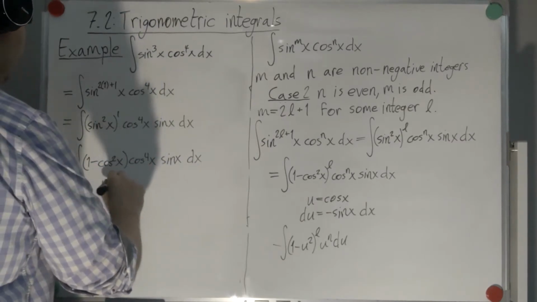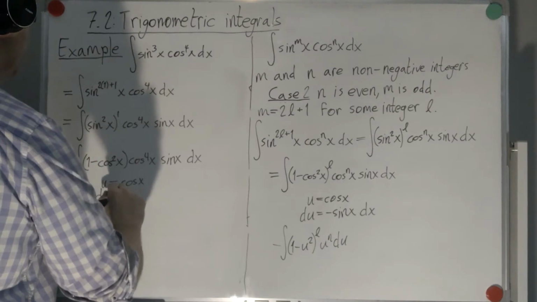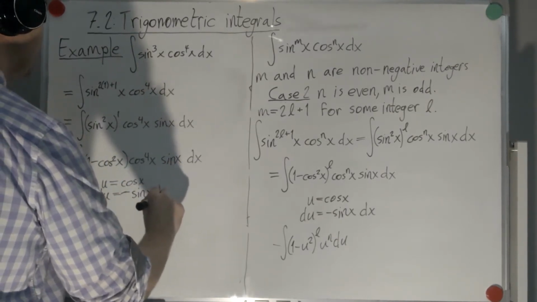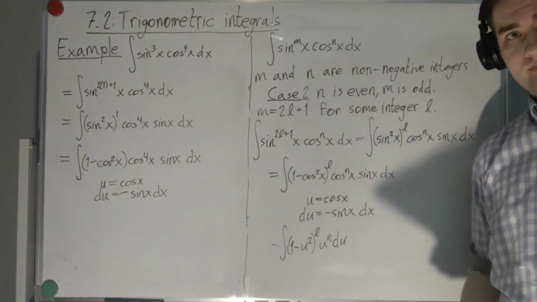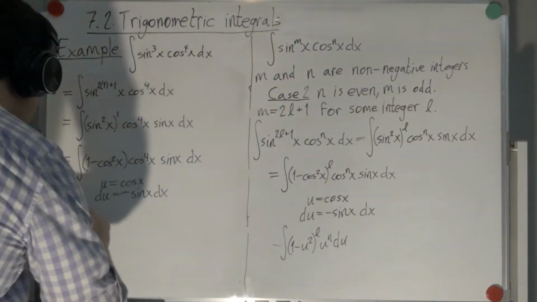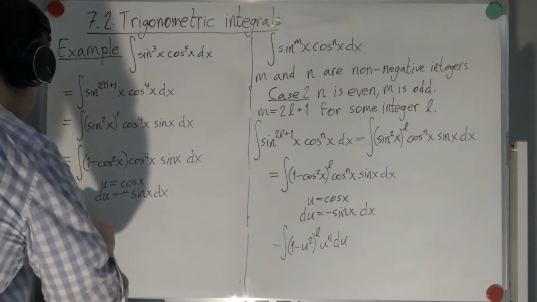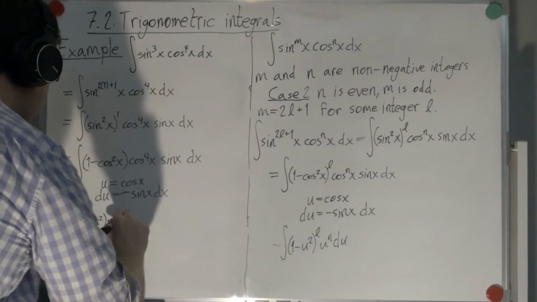In which case, once again, u equals cosine x, so now du equals negative sine x dx. In that case, what we get here is going to be negative integral of 1 minus u squared times u to the fourth du.